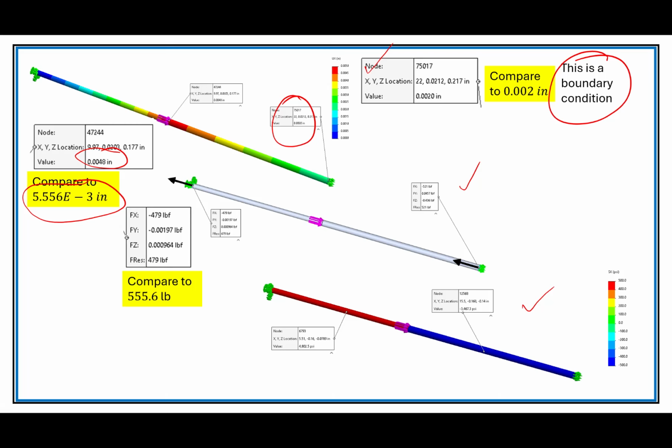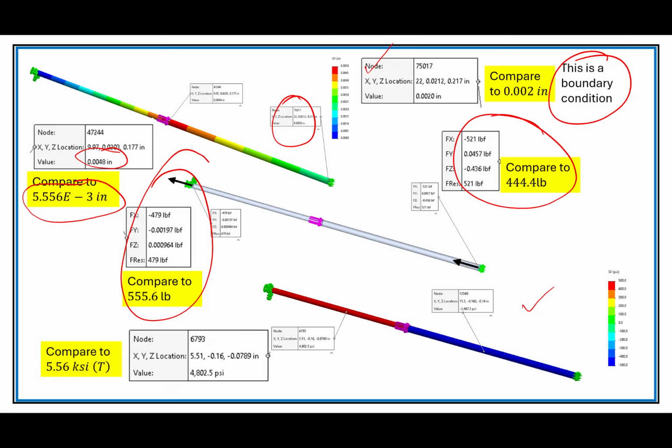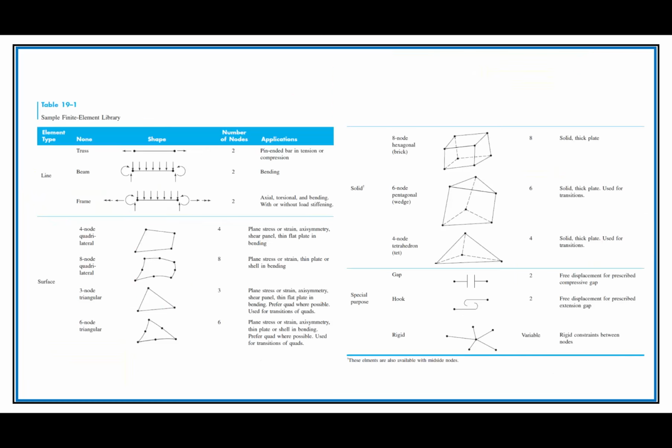But now I got reactions over there, and they don't exactly match, but they get close. And here again, same thing. And then for stress, in the ballpark, and also stress in the ballpark.